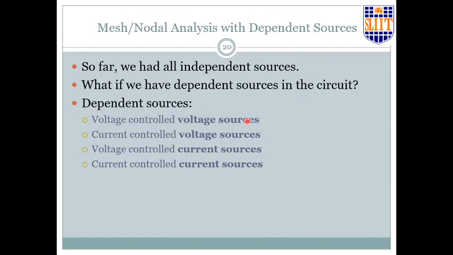Voltage controlled voltage source means the voltage of the source we are considering is controlled by another voltage in the circuit. Similarly, in the second case, the voltage of the voltage source is controlled by a current in a different place of the circuit. Similarly, we can have current sources that are controlled by either a voltage of the circuit or a current of some other place of the circuit. So in that case, we will get voltage controlled current sources or current controlled current sources.